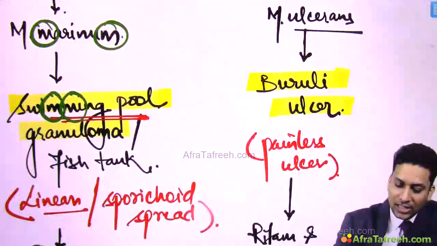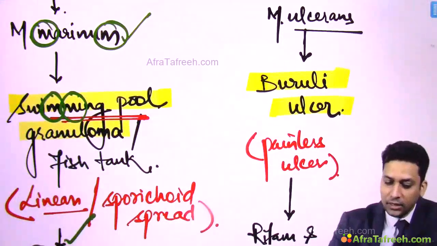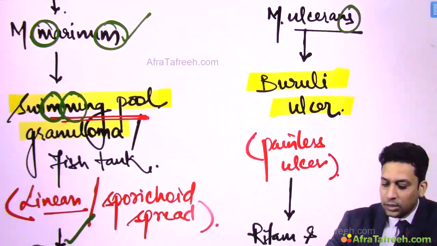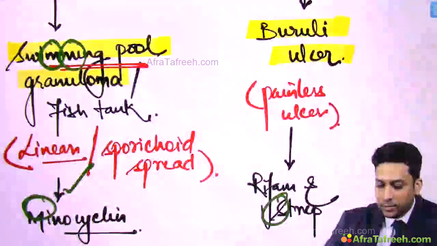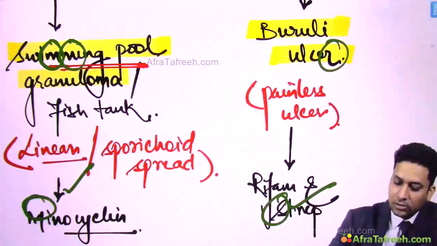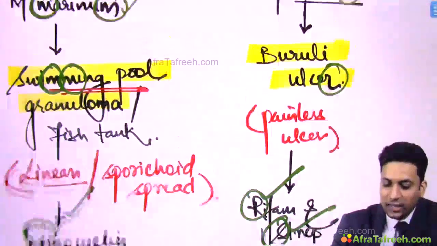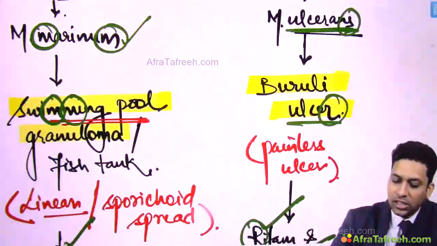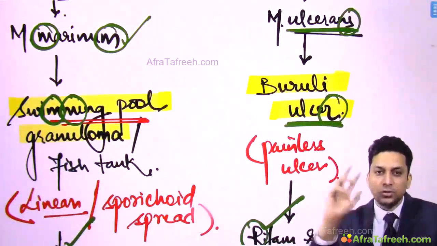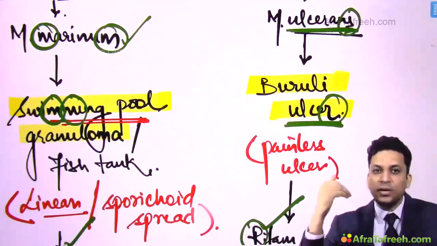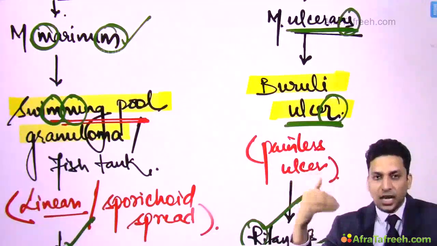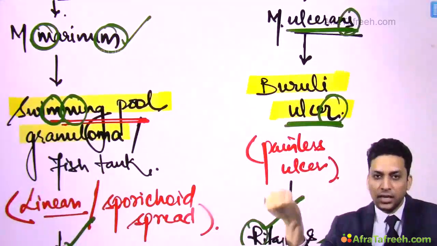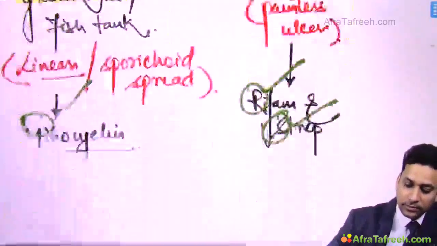Here the last alphabet is M, so the treatment is M. Here the last alphabet is S, so treatment is S, streptomycin. Ulcer has last alphabet R, so here the treatment is R, rifampicin. And this is very obvious: ulcerans causes ulcer. Which ulcer? Buruli ulcer. So it is so simple to remember. Marinum, swimming, minocycline; ulcerans, ulcer, treated with rifampicin and streptomycin.